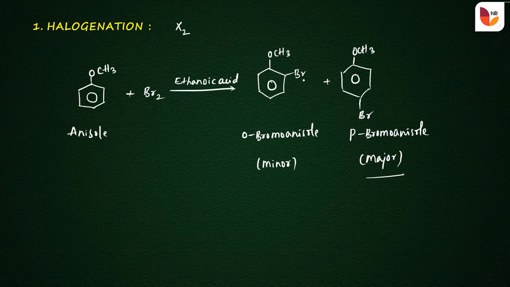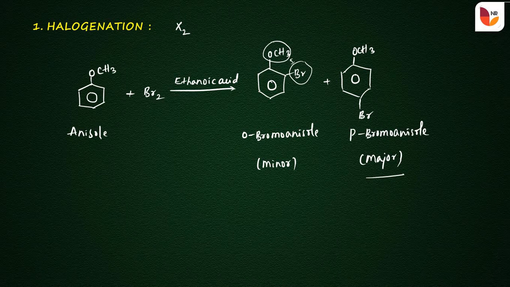But in the ortho product, there is a certain repulsion between the methoxy group and the halogen. Hence, this molecule is less stable. Therefore, the mixture contains 90% para bromo anisole and the remaining percentage is ortho bromo anisole.